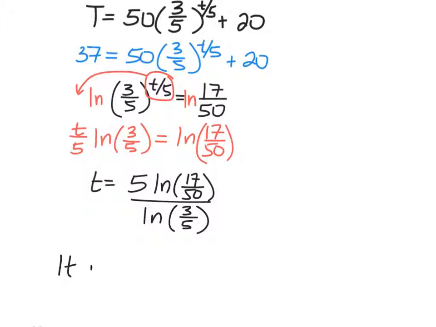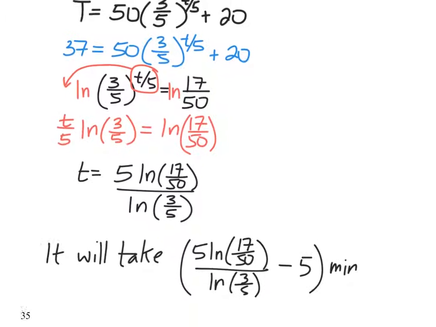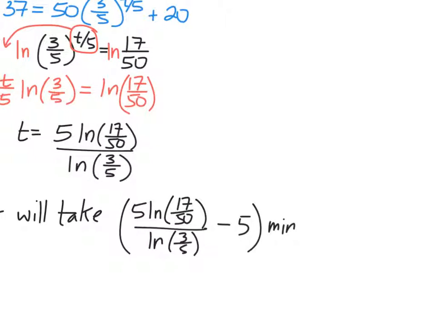It will take 5 ln 17 over 50 over ln 3/5 minus 5 minutes. And it was minutes, right? Yep. Longer.